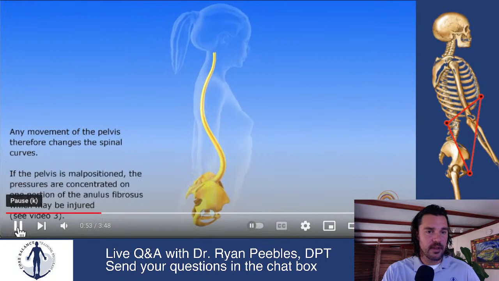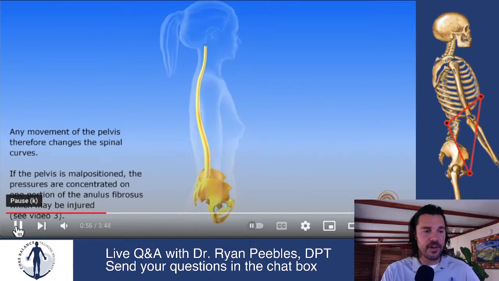I'll pause it. So anterior tilt is arched back. If you feel like your back is arched, then this could be a contributing factor. And posterior tilt, another name for it, is flat back. If you take a close look, the pelvis isn't actually rotated posteriorly.